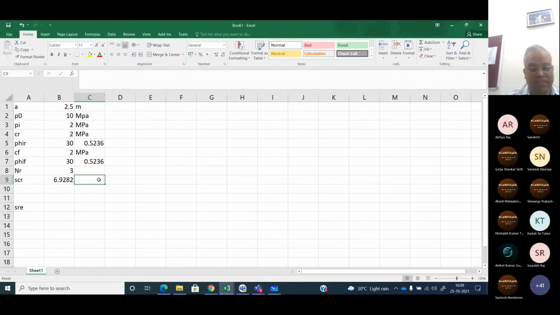So this MPa is my compressive strength, very low, because I've given CR as only 2 MPa.